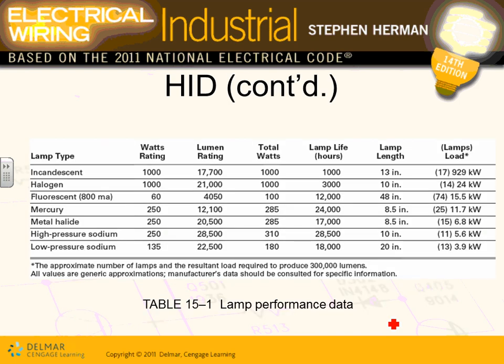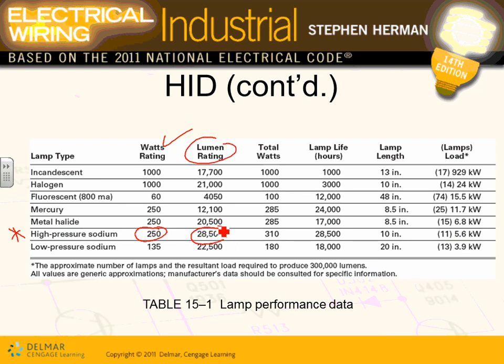Okay, here's the lamp preference data. There will be a question on the test, guys, directly related to this table. We'll ask you to compare which fixture is the best in terms of multiple things. For example, take high pressure sodium, and in terms of watts, look at the 250 watt rating and your lumens rating.